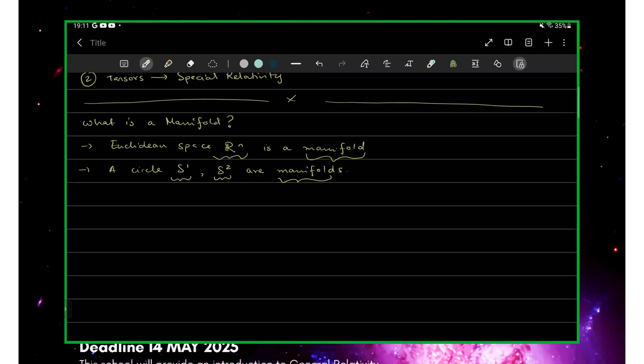Okay, so now you can also generalize this to higher dimensions. So for example, a higher dimensional generalization would be, let's say, the sphere Sn, for n to be any dimension you want. So Sn basically tells you that this is an n-dimensional sphere.